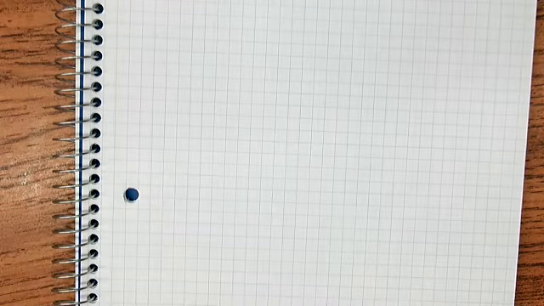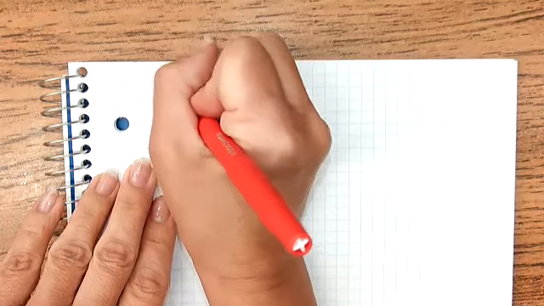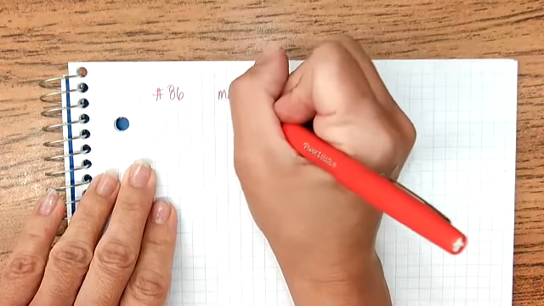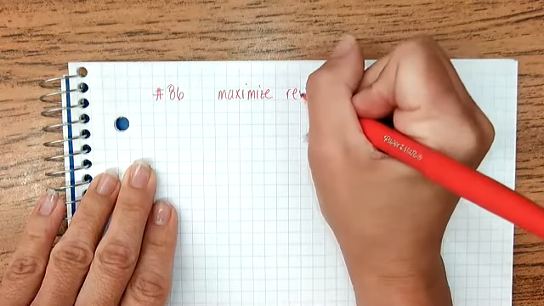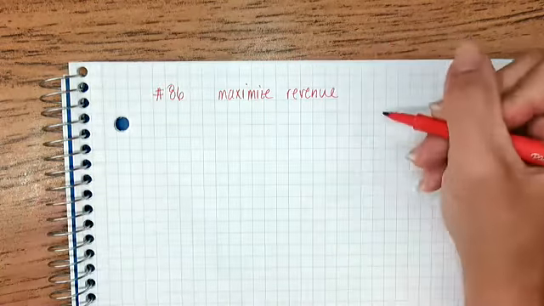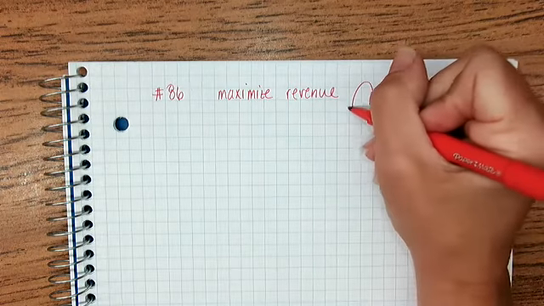So I'm going to look at number 86. You want to maximize your revenue. You always want to maximize your revenue, and you always want to minimize your cost. Which means you're going to look at, for sure, an upside down parabola.